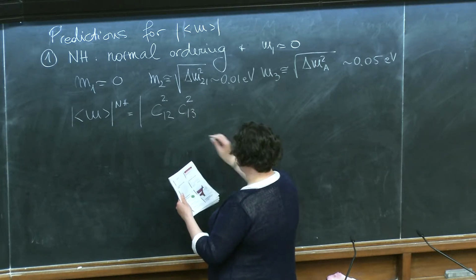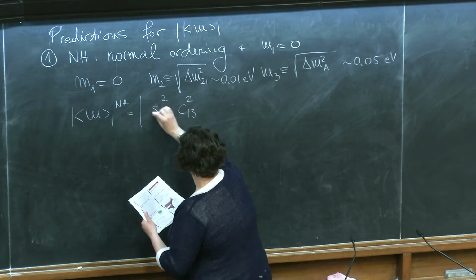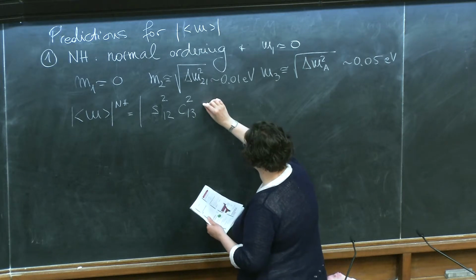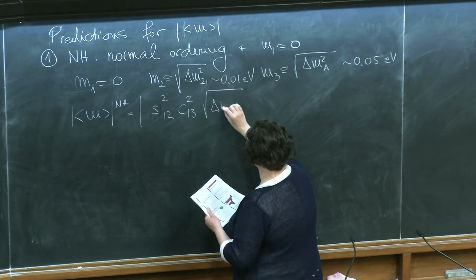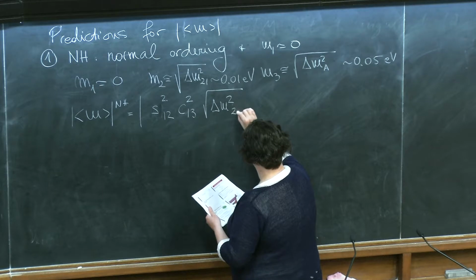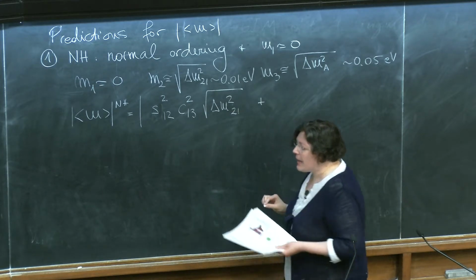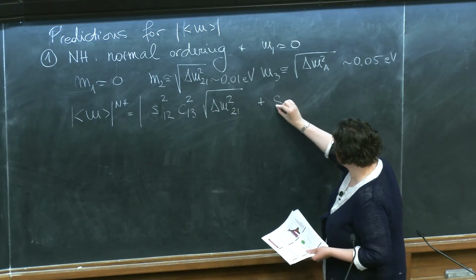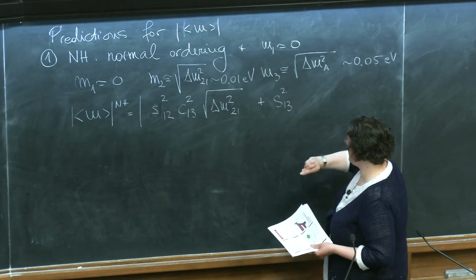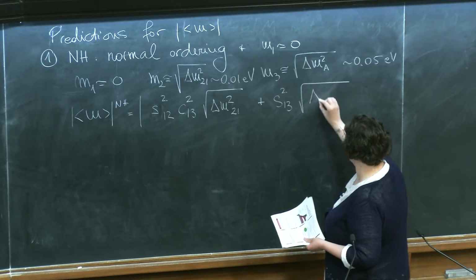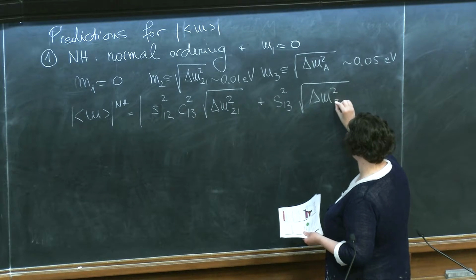Doesn't matter too much. No, sorry, sine squared theta 13. And then we have M2, which is the square root of delta m squared 21. Plus U_e3 squared, which is sine squared theta 13, and then I have the square root of delta m squared 31.